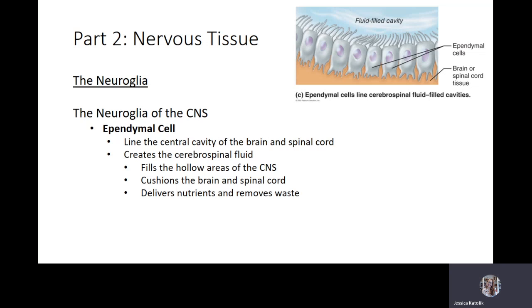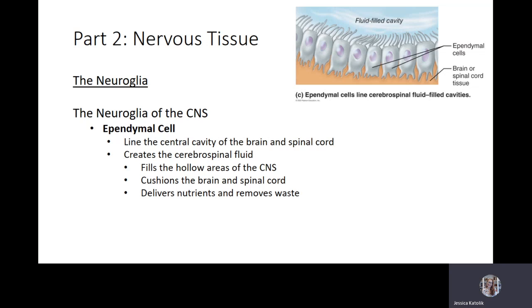So if there is a blow to the head, or a blow to the spinal cord, the cerebral spinal fluid will cushion that blow. I think of it like an airbag in a car. If there's a car accident, the airbag will deploy and cushion the blow.